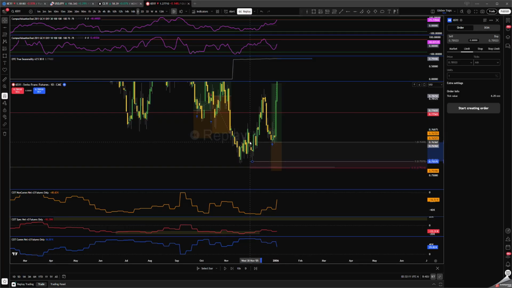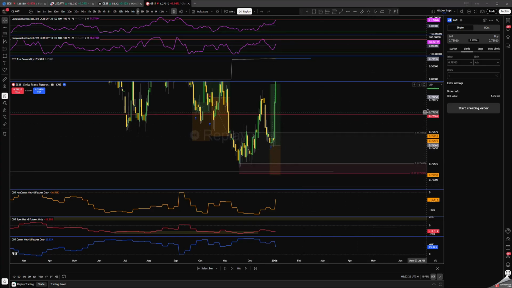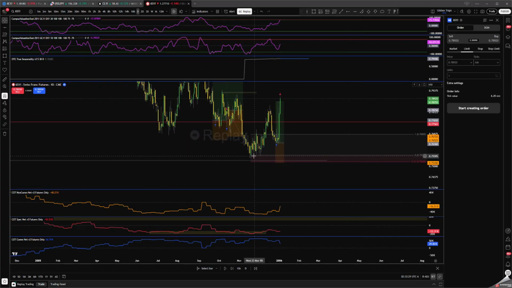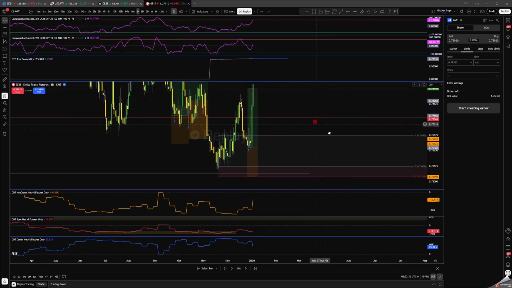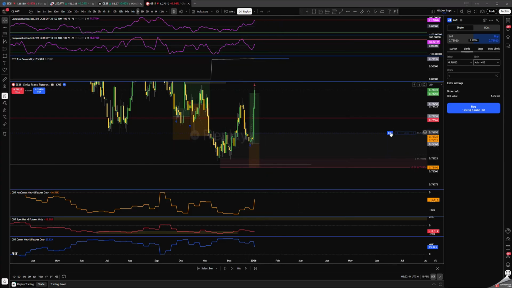I will play it like this. The gap below will also be covered, and like this is okay. You know, better to be safe than sorry. Okay, so buy limit. It's a really big zone in general, but it's okay.